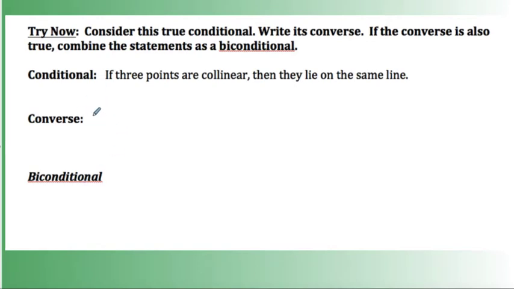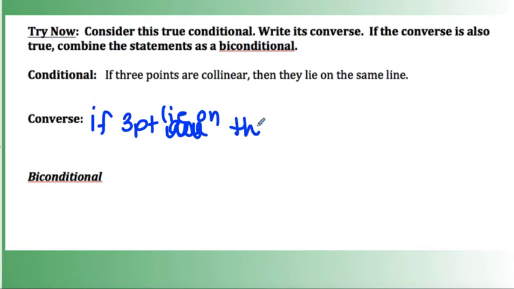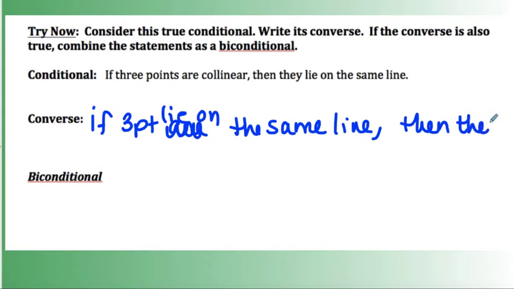So the converse would be, if 3 points lie on the same line, then they are collinear. You want it to be grammatically right, so something like that.